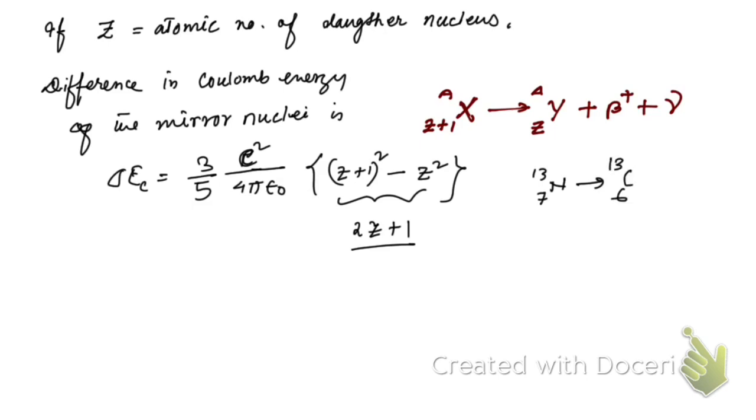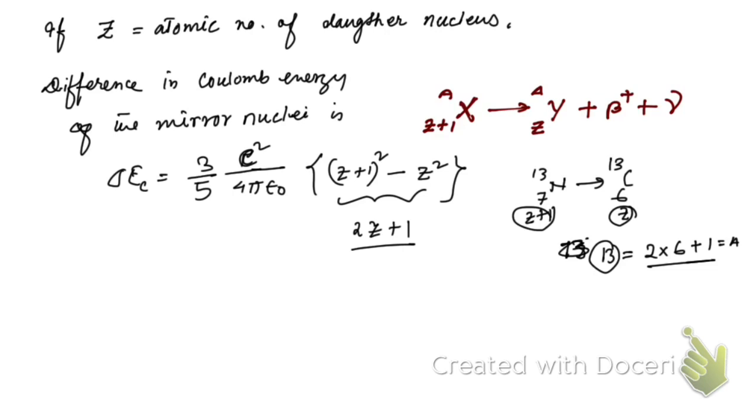So in this case, this is Z plus 1 and this is Z, right? If you add these two, then you get 13, right? So 13 can be written this way also, 2 into 6 plus 1, right? So this is nothing but the mass number.